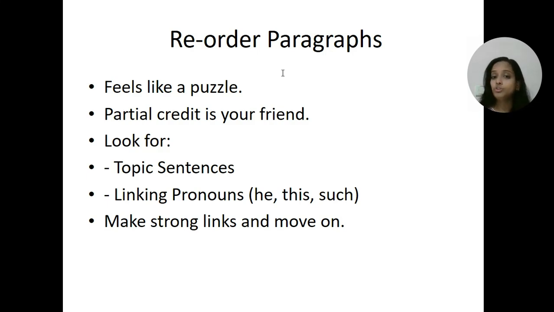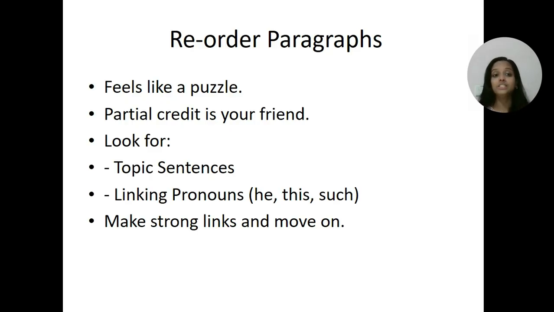Your goal is not to solve the whole puzzle perfectly. Your goal is to create strong, obvious links between sentences. Got it? So, what does that mean in practice? First, you have to start by looking for topic sentences. Usually, these are general opening lines that don't refer back to anything.